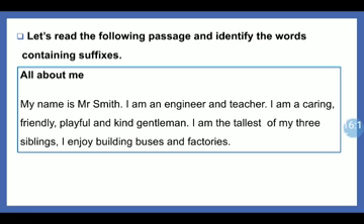I am the tallest of my 3 siblings. I enjoy building buses and buildings and the factories. Can you identify the words here that have suffixes at the end of them? Let's see if you are correct.